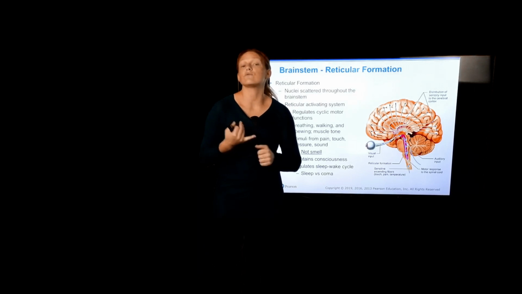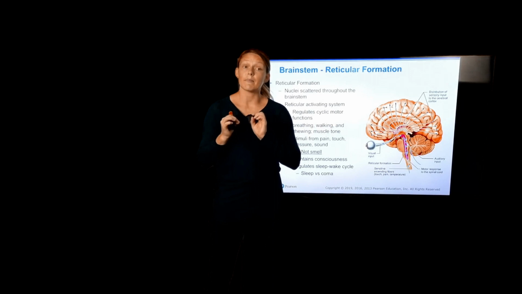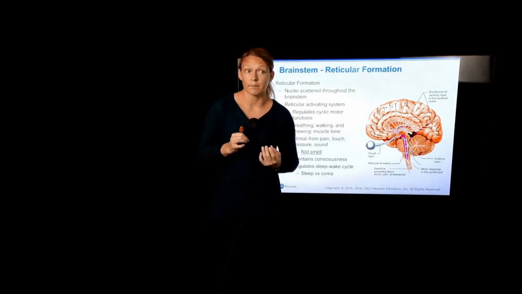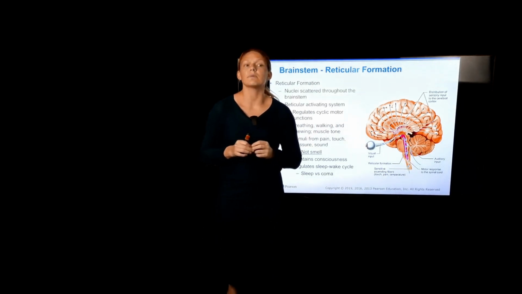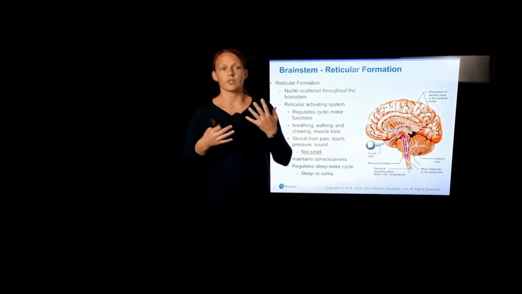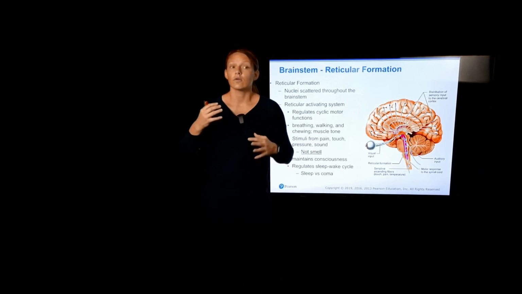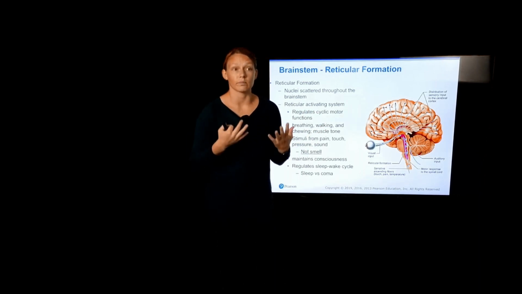So when we receive general anesthesia to put us to sleep during surgery, that medicine is going to be targeting our brainstem. And in terms of sleep, we have to have inactivation of the RAS, this reticular activating system, in order to be aroused and woken up from that sleep.